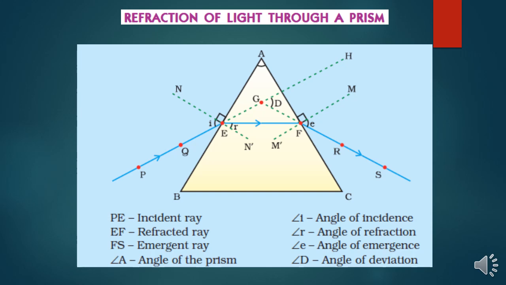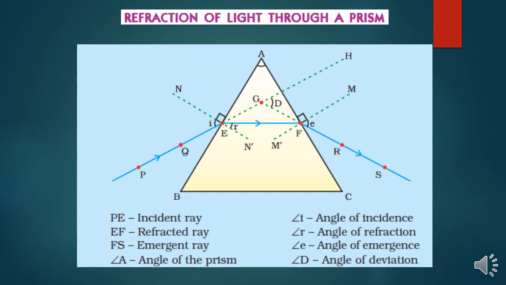Now look at the diagram on the left hand side. PE is the incident ray and NN dash is the normal. The angle between that normal and the incident ray, which is represented as i in your diagram, is known as the angle of incidence.